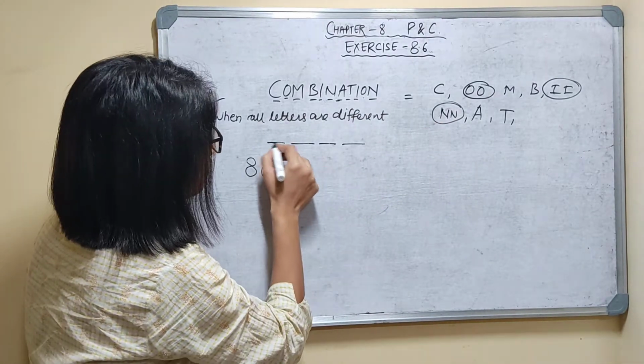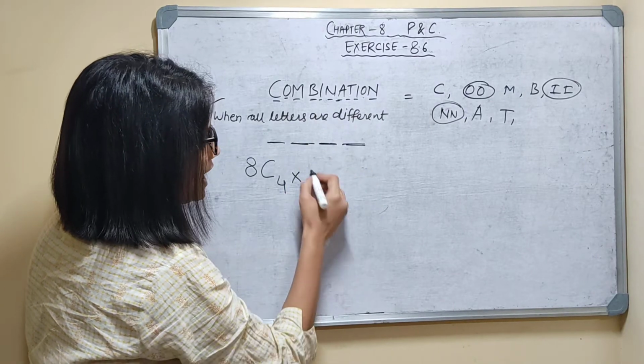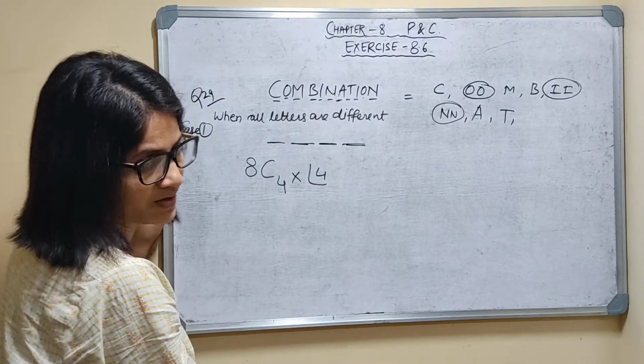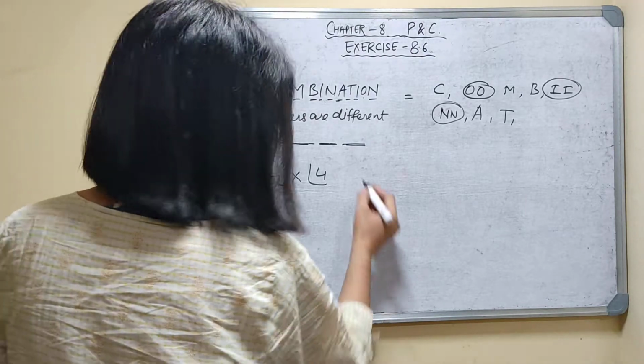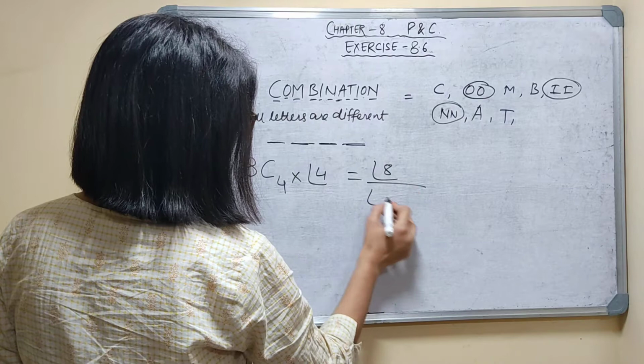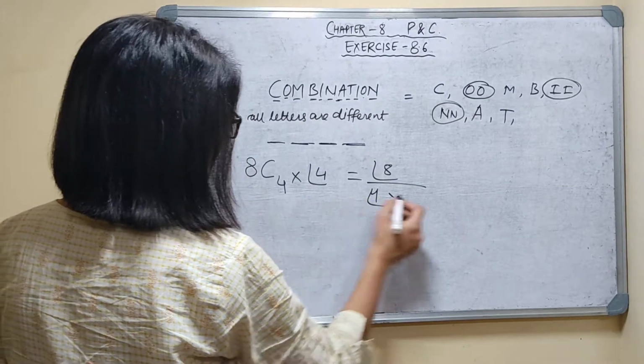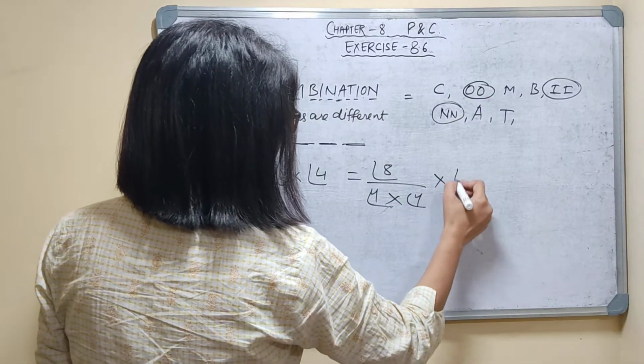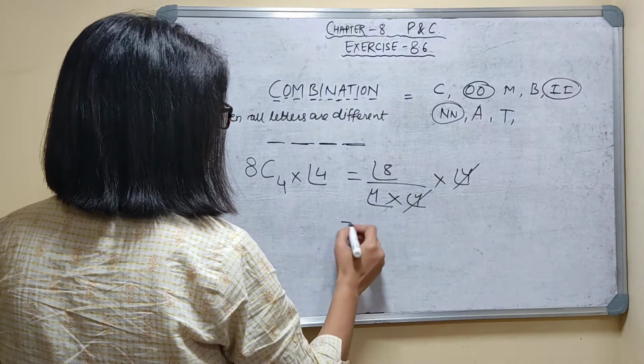And these 4 letters, whatever you take, you can arrange in factorial 4 ways. So 8C4 into factorial 4. 8C4 is factorial 8 upon factorial 4 into factorial of 8 minus 4, that is also factorial 4. Factorial 4 cancels.